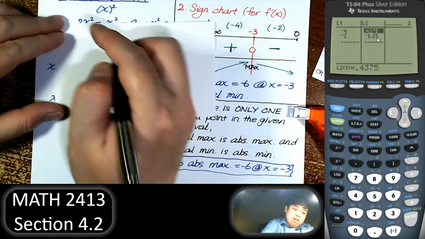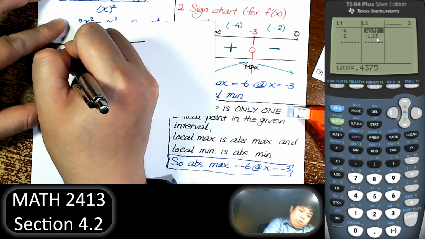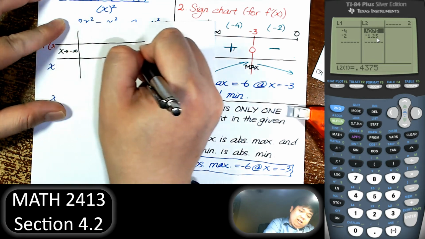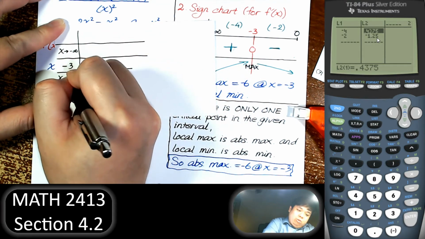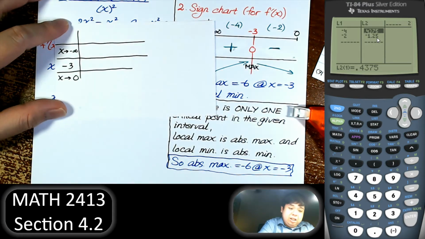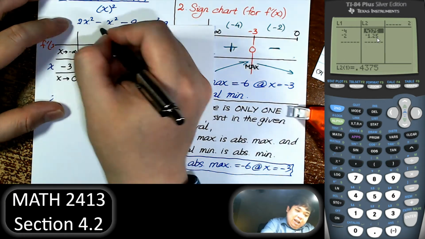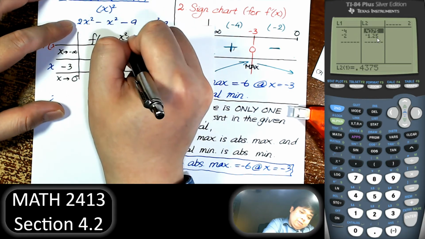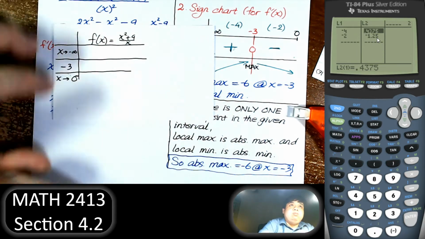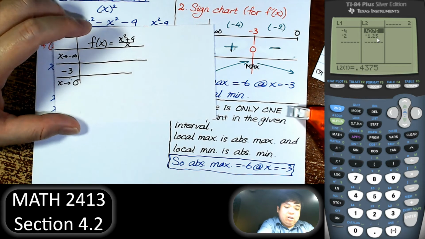We do it like this. x approaches negative infinity, x equals negative 3, and x approaches 0 from the left side. And then we find the limit for these conditions. We still find the values.